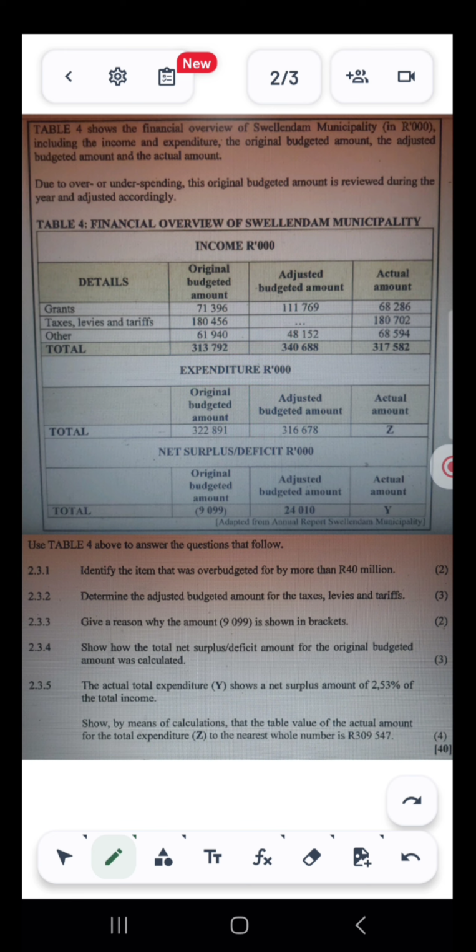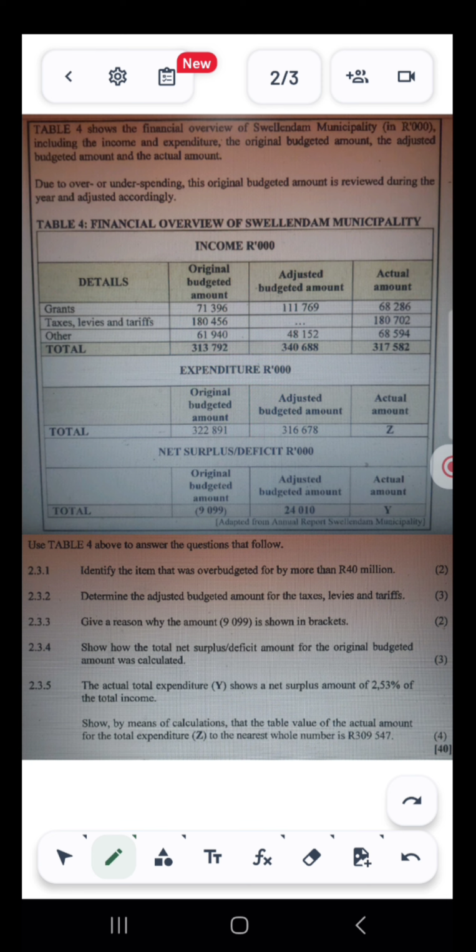And then now let's go to the original budget, adjusted budget, and the actual budget. With a budget, we know it is the money you plan to use, when you break down your money plans, right? Before the money comes in, due to over or underspending, this original budgeted amount is reviewed during the year and adjusted accordingly.